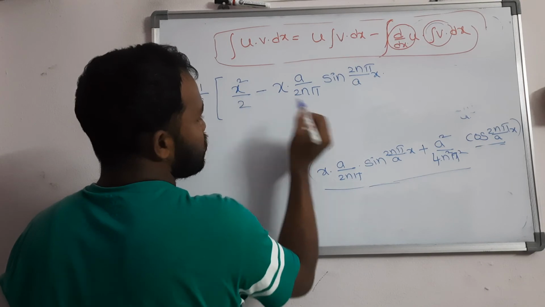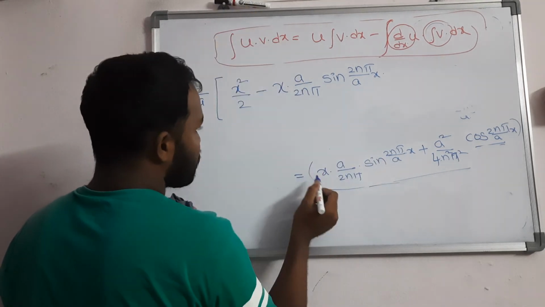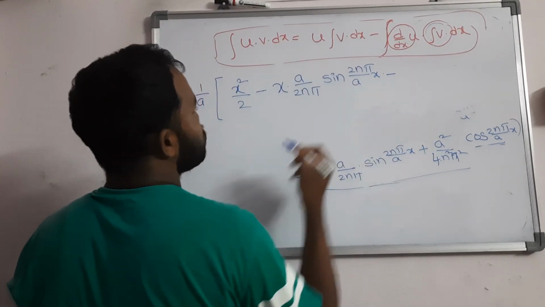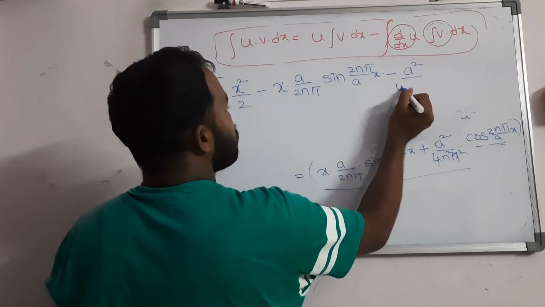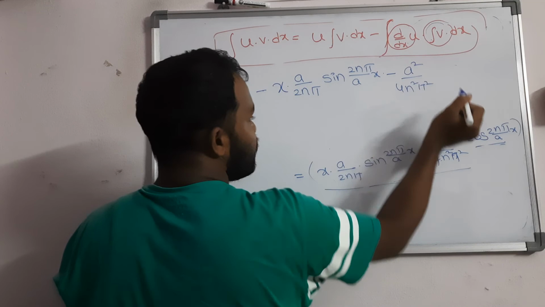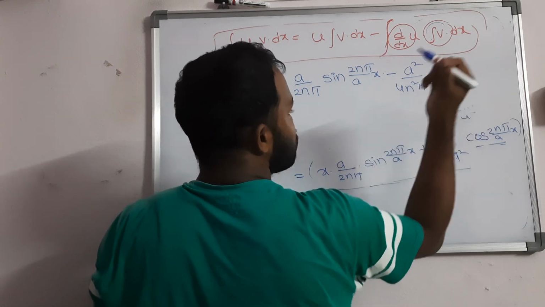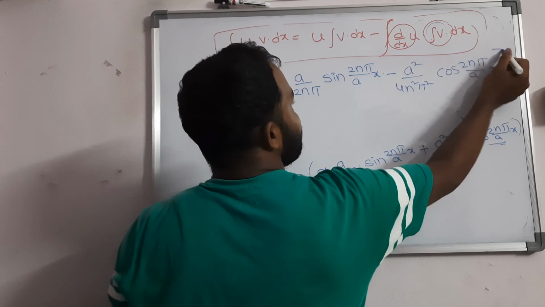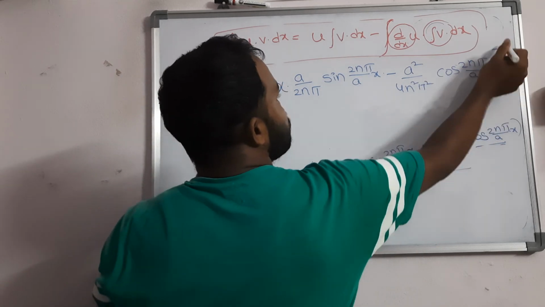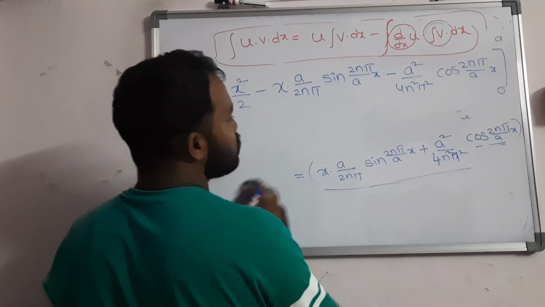So minus into plus is again minus, you should write. That is a square by 4 n square pi square into cos 2n pi by a into x. Limits are 0 to a you should write.